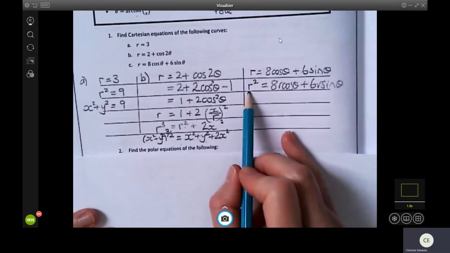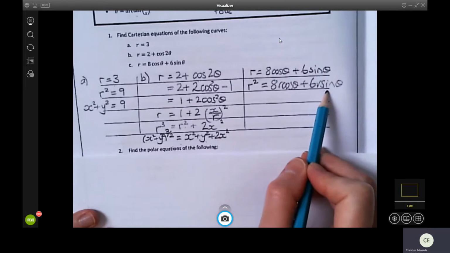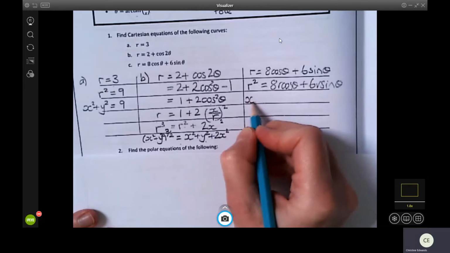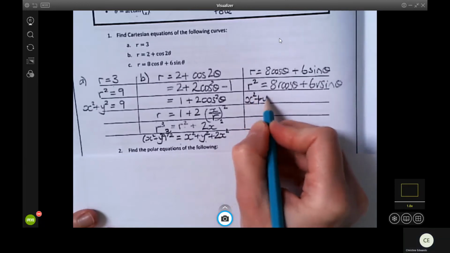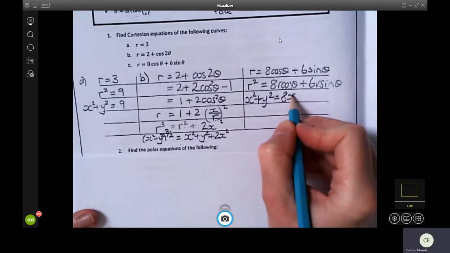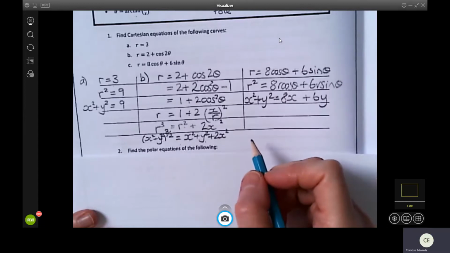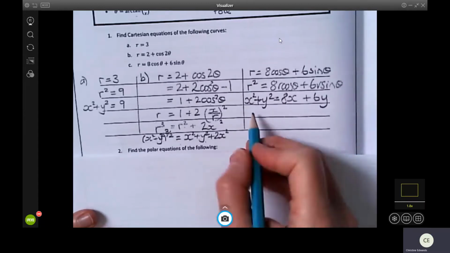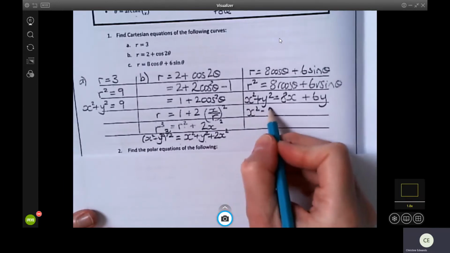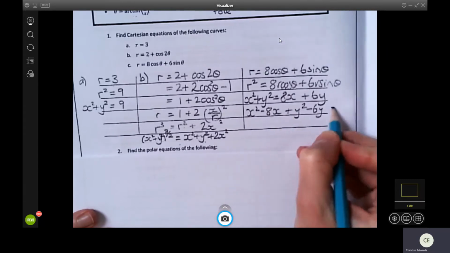Why have I done that? Because I've now got an r squared that I can replace easily, and I've also got r cos theta and r sine theta, both of which I can replace easily. So r squared is x squared plus y squared, and r cos theta I can replace with x, and r sine theta I can replace with y. If I follow this through algebraically, I have x squared minus 8x plus y squared minus 6y equals 0.